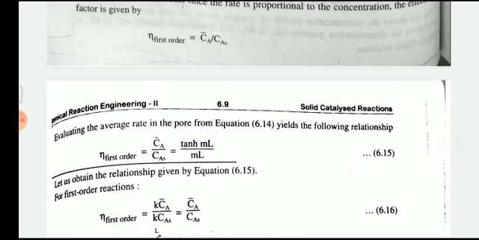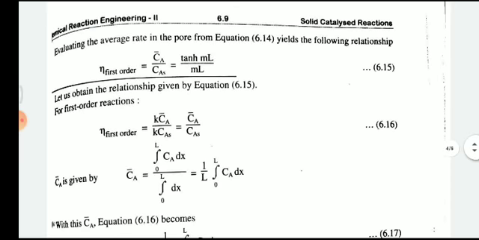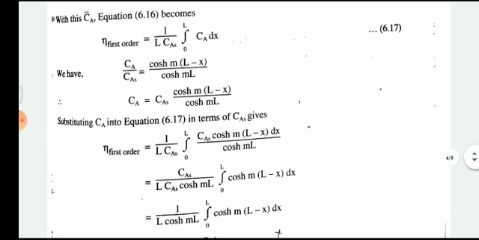Evaluating the average rate, the efficiency of first order reactions is given by tanh of ml divided by ml.